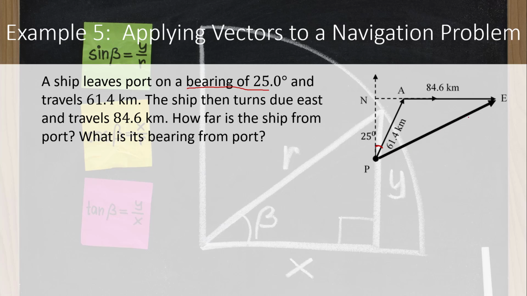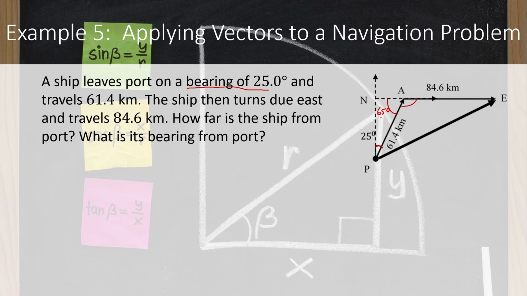So to figure this out, we would need to know what this magnitude is, and to find out what this magnitude is, we actually need to figure out what this angle is. And we can actually do that. Now, this is a right triangle: north, east, and our hypotenuse. So if this is 25 degrees, then this has to be the complement of 25 degrees, which would be 65 degrees.